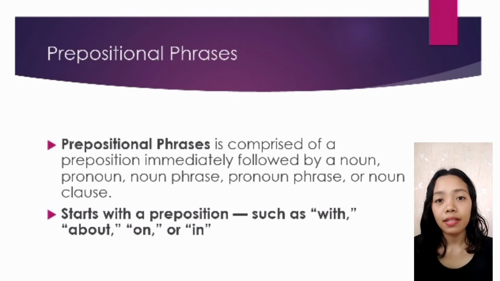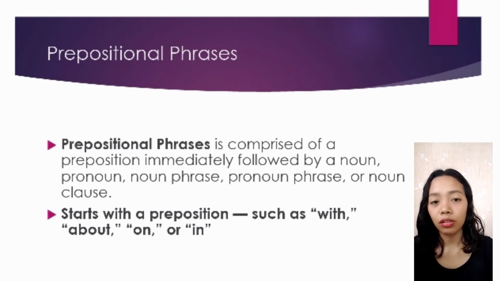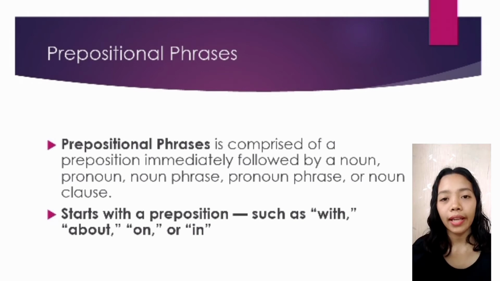A prepositional phrase is comprised of a preposition immediately followed by a noun, pronoun, noun phrase, or noun clause. Take note, a prepositional phrase starts with a preposition such as with, about, on, or in.